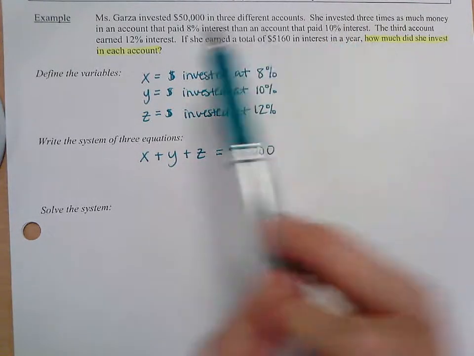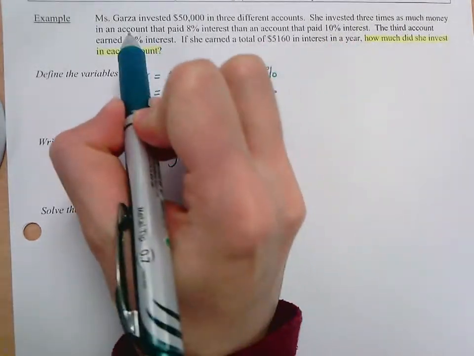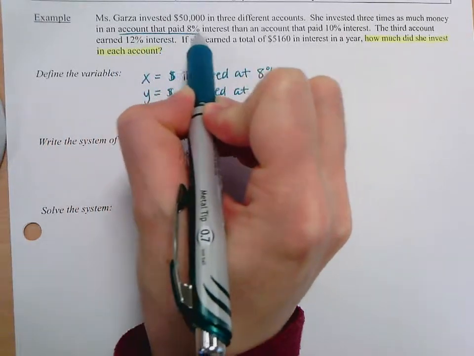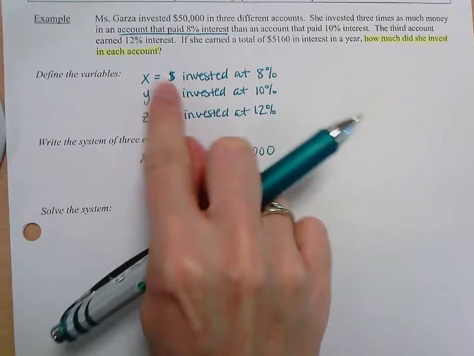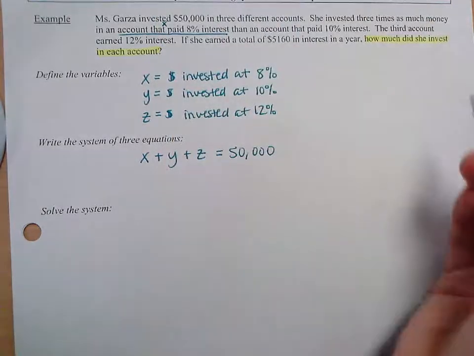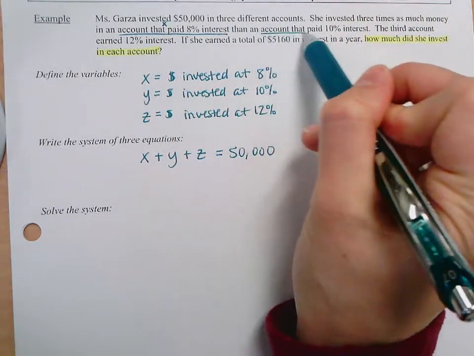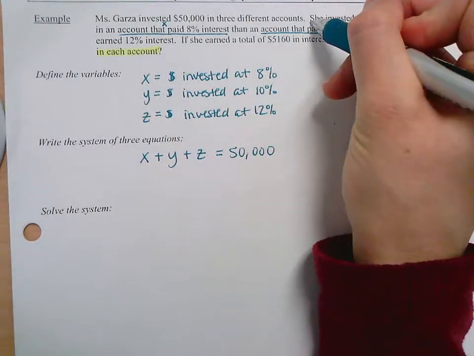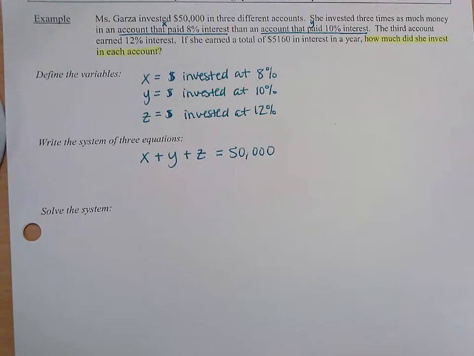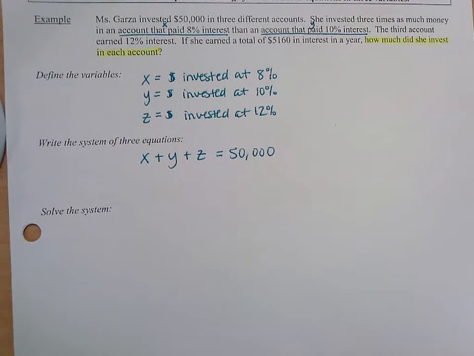It's only talking about the account that paid 8% interest, which is our X, and then the account that paid 10% interest, which is our Y. So she invested 3 times as much money in X than she did in Y. Anyone have an idea of what that equation would be?